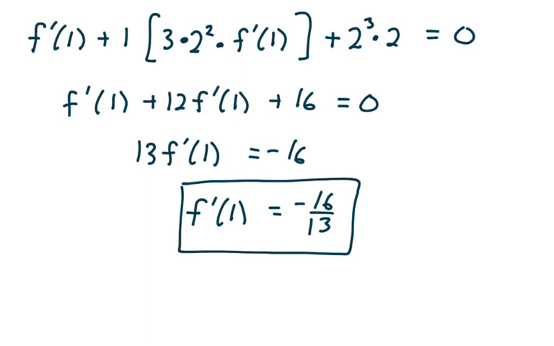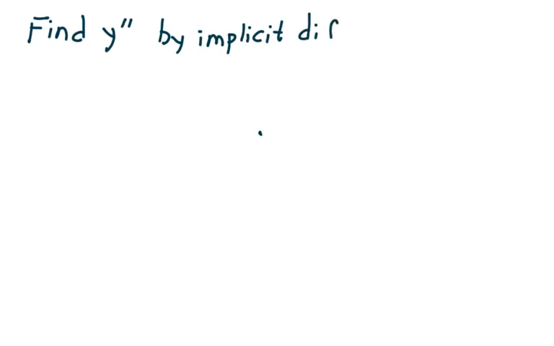Suppose we gave this one. Find y double prime by implicit differentiation. Simplify if possible.